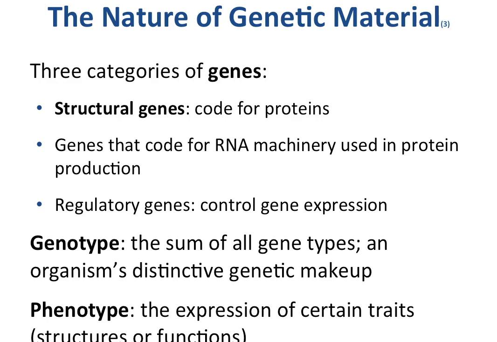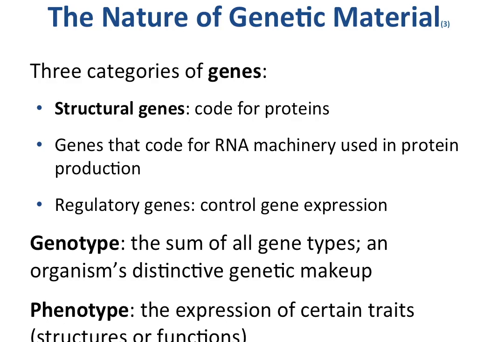Also, some genes code for the RNA machinery, which is used to make the ribosome to produce protein. And the regulatory genes control gene expression. They make proteins that can control the gene expression.